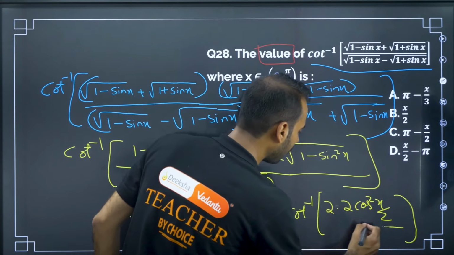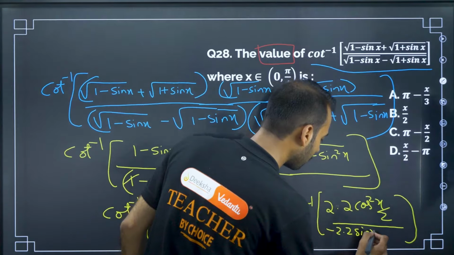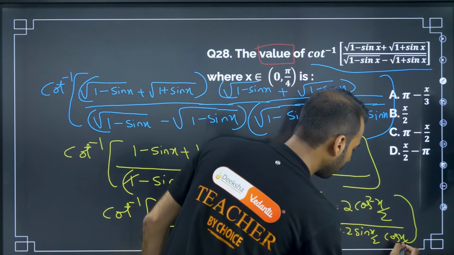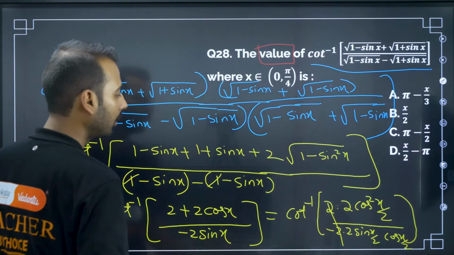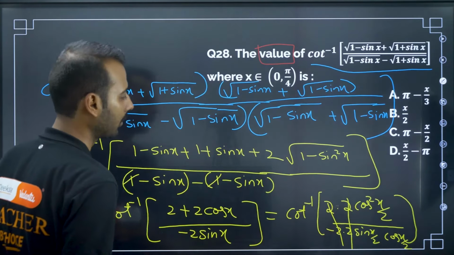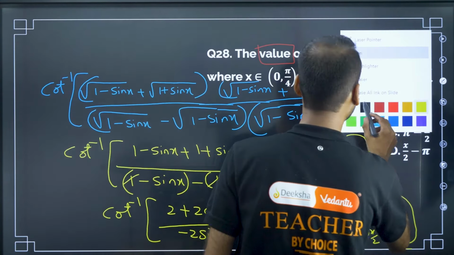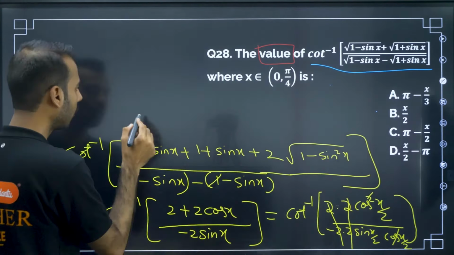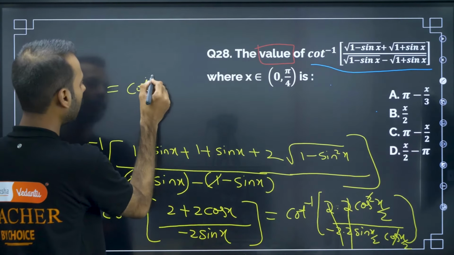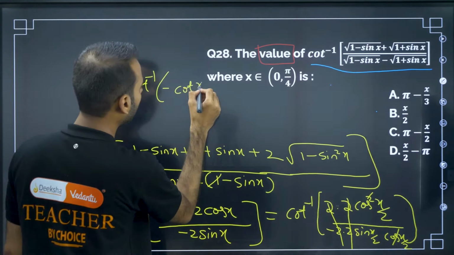In the denominator, minus 2 sin x by 2 cos x by 2. 2 and 2 will get cancelled, cos x by 2 and cos x by 2 will get cancelled. If I remove all this, we are left with cot inverse of negative cot x by 2.